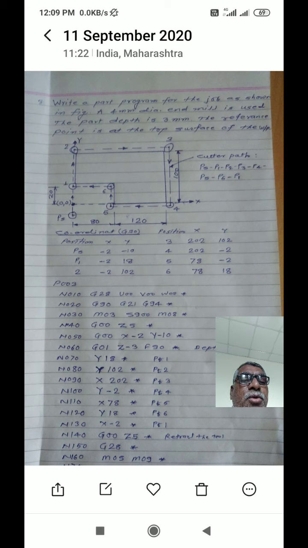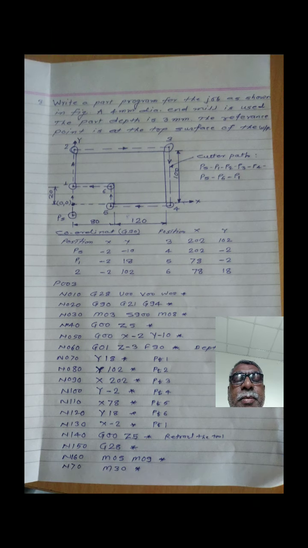Okay, now your tool is at point 5. Then move the tool along the y-axis up to the point 6. What are the coordinates of the point 6? 78 and 18. As the x coordinate remains the same, you have to just write the y coordinate, that is N120, Y18, end of the block. Now your tool is at point 6.